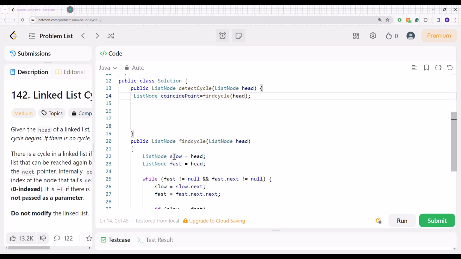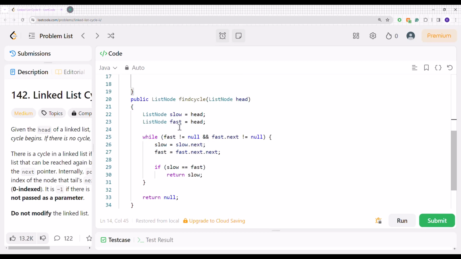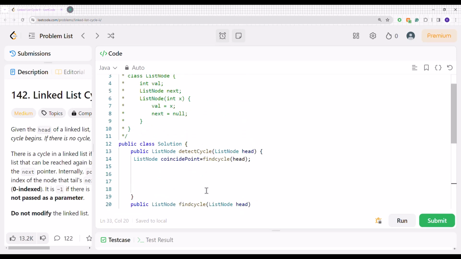I've already written the code for finding the cycle. This is fairly simple. We have two pointers, slow and fast. This is a condition: if there is a coinciding point, it will return that. Otherwise, it will return null. Okay, moving on. If there is no cycle, meaning if coincide point equals null, what do we need to do? We need to return null.